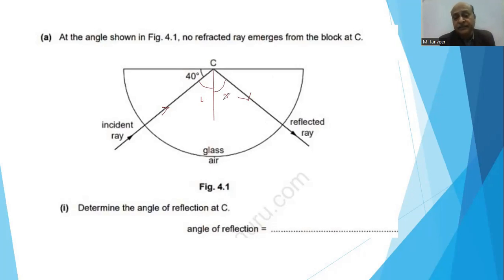This is the angle of reflection. You have to use the protractor for measuring this angle. But first of all, you have to draw the normal, since the angle of reflection is always formed with the normal.